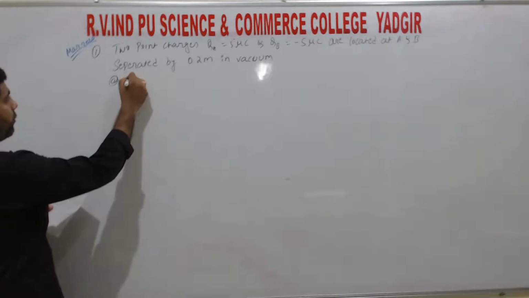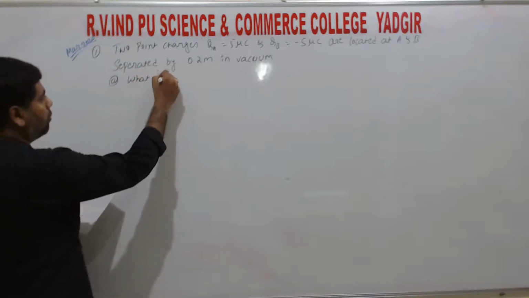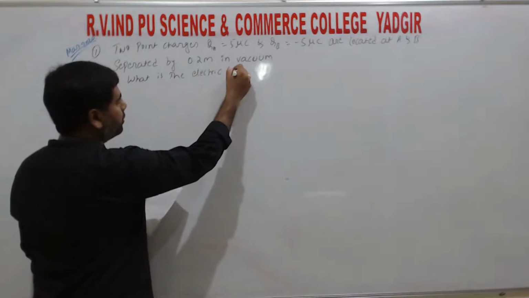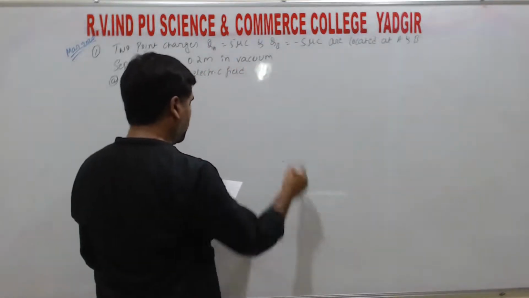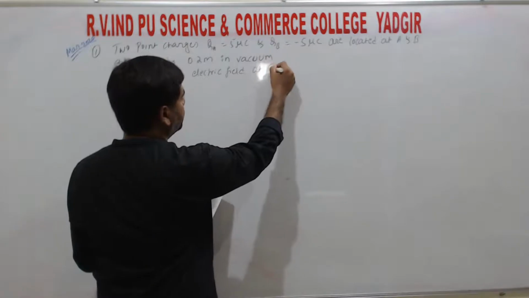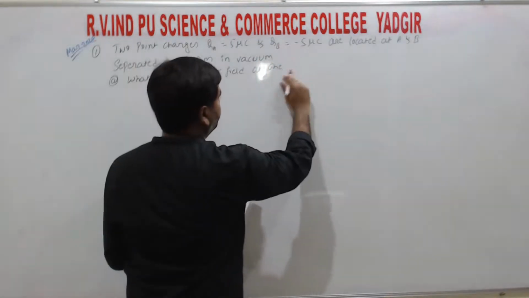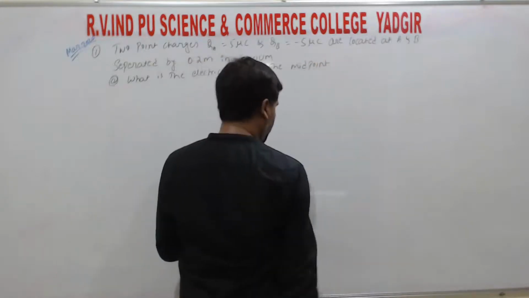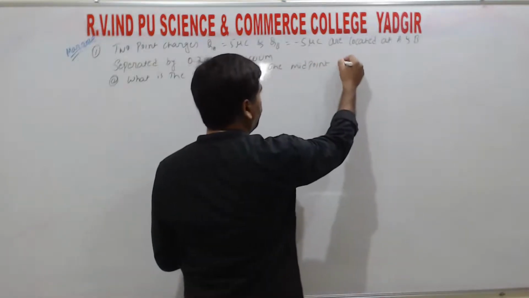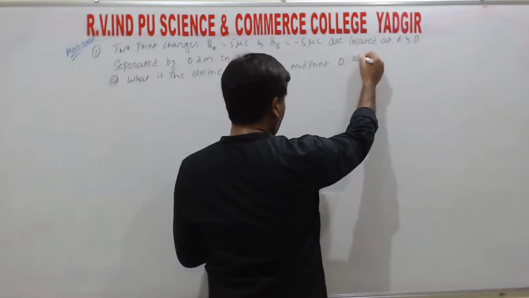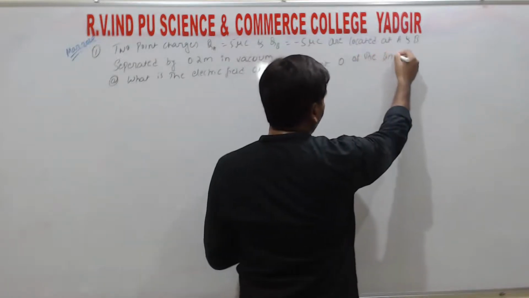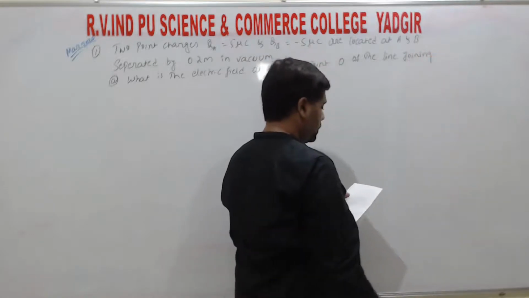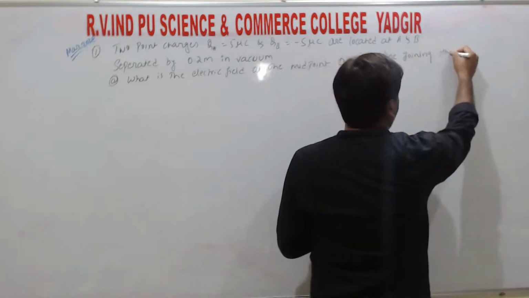What is the electric field at the midpoint O of the line joining the charges?